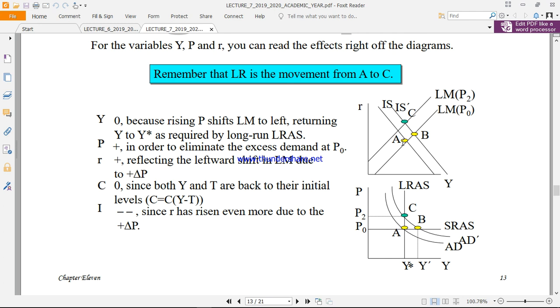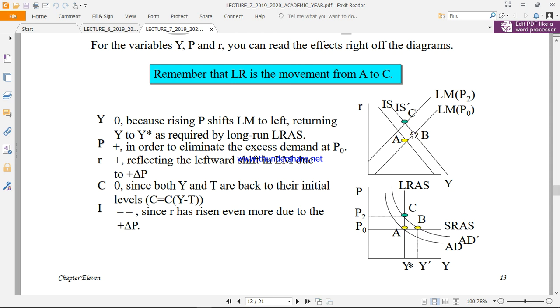Initially there was just an increase in the IS curve from I1 to I2. But now in the long run, because purchasing power is reducing, we expect the LM curve to shift upward, because your M over P is reducing. Your M is stuck, your P is increasing, which is now going to force you to reduce your demand.